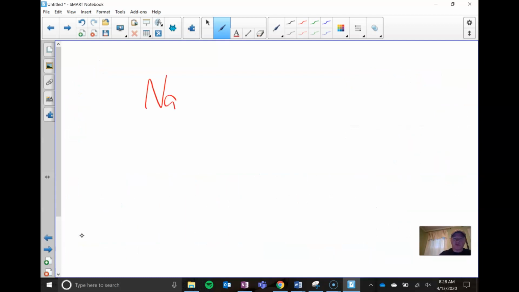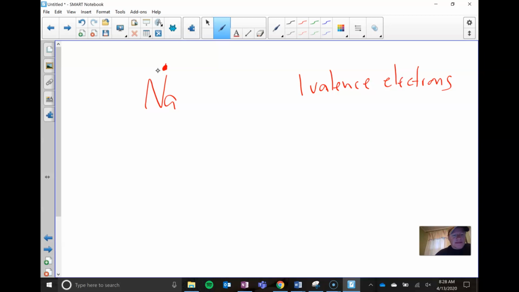I'll write my main group numbers back up here. So sodium has 1 valence electron. For the electron dot diagrams, we use a dot to represent each valence electron. So I'm going to place 1 dot above sodium, and that's it. 1 dot for every valence electron.